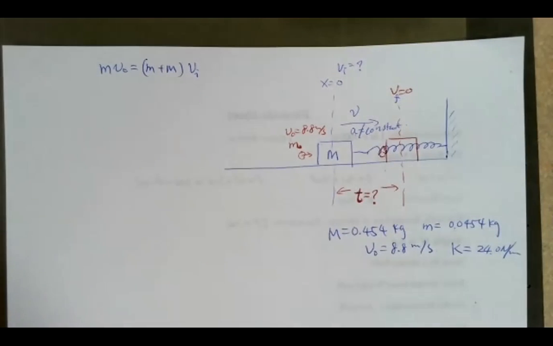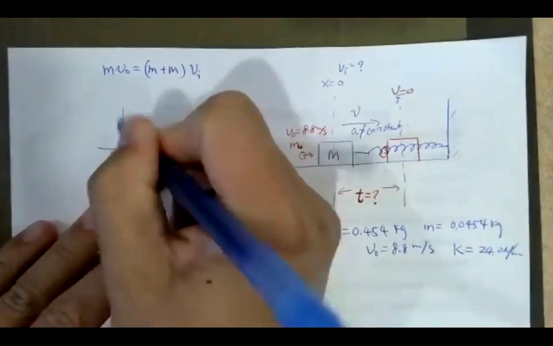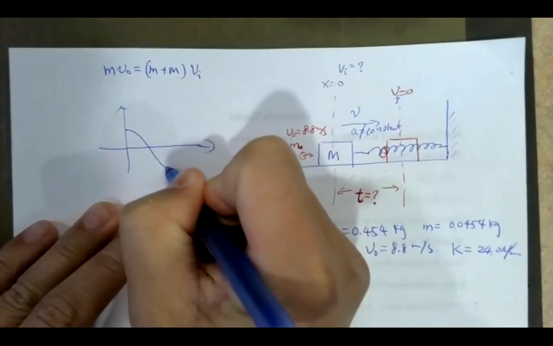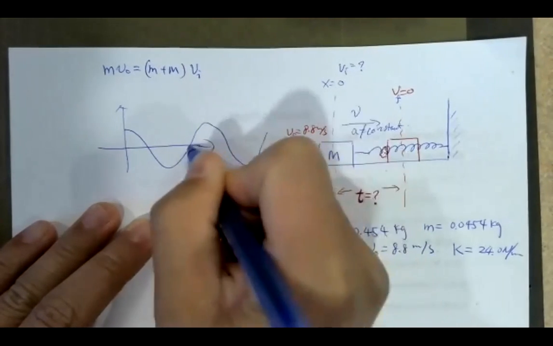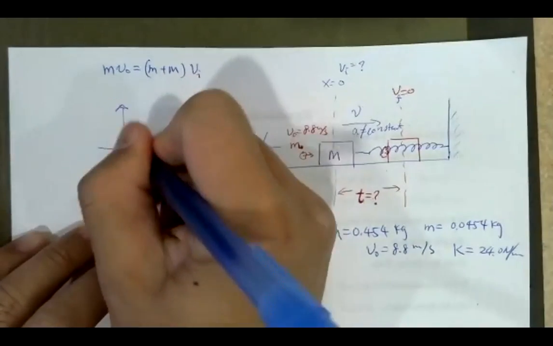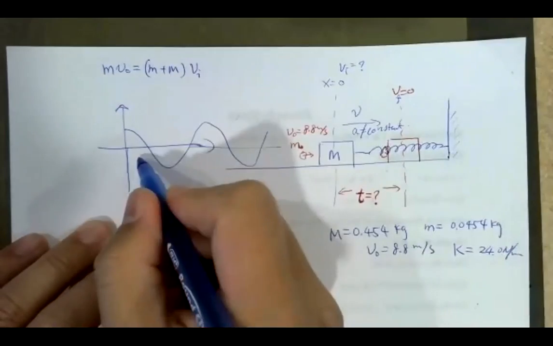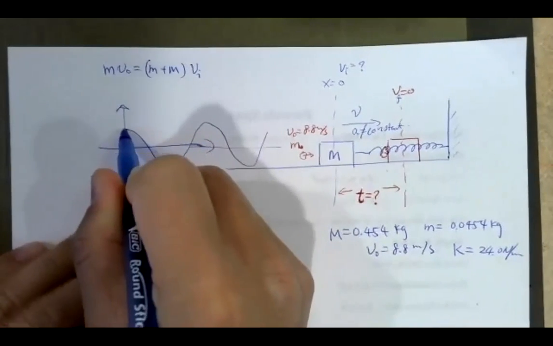However, since we learned simple harmonic motion this time, for a simple harmonic motion the velocity goes like a cosine function. Now we are looking for the time after the collision.